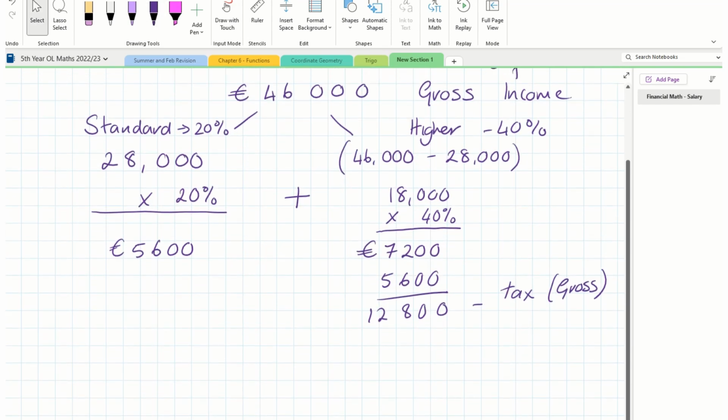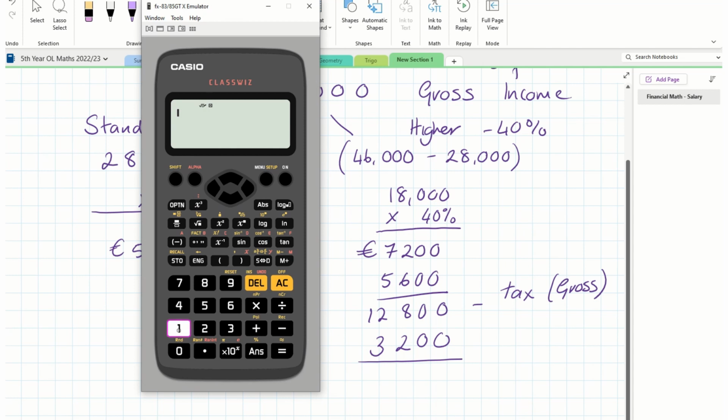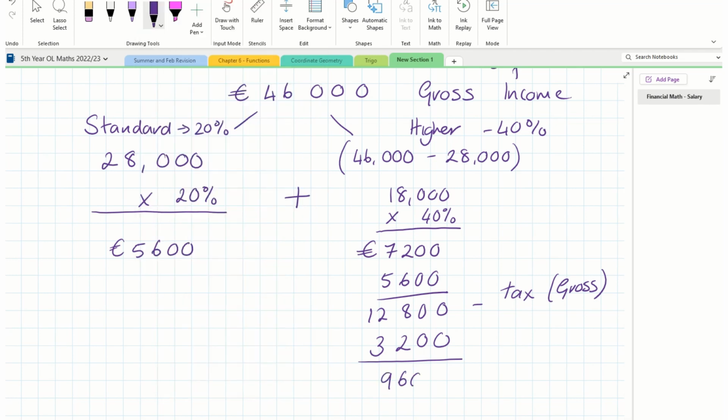We're going to subtract the 3,200 from the 12,800. 12,800 minus 3,200 is equal to 9,600. So this is the net tax, or the actual tax that she pays.